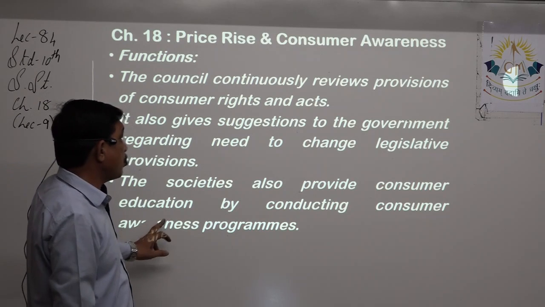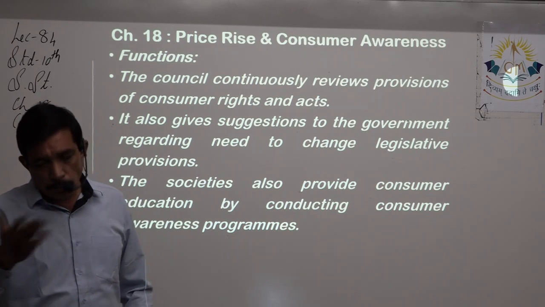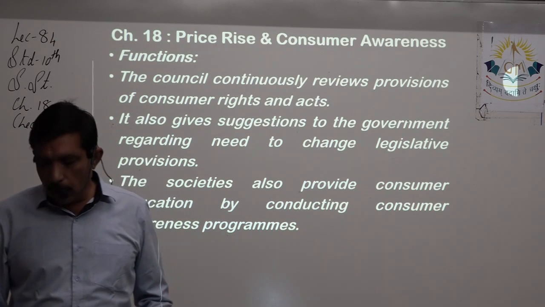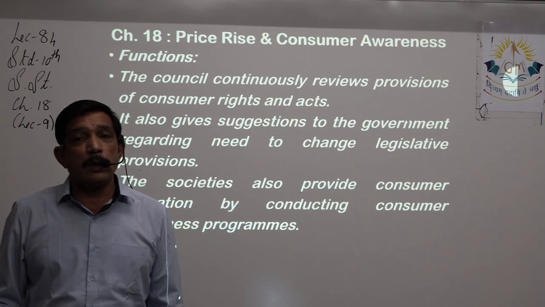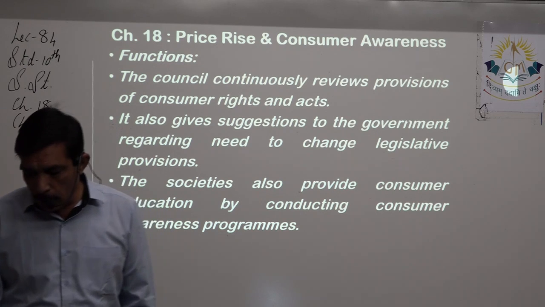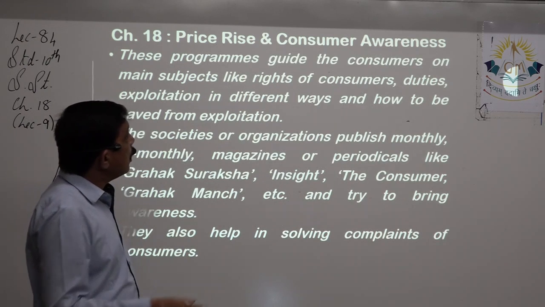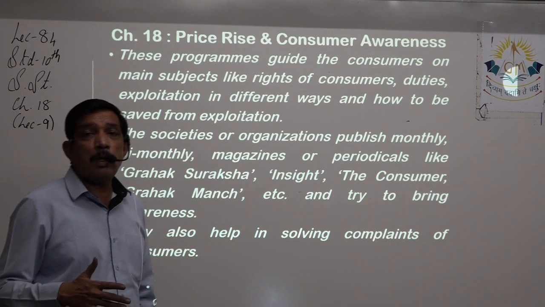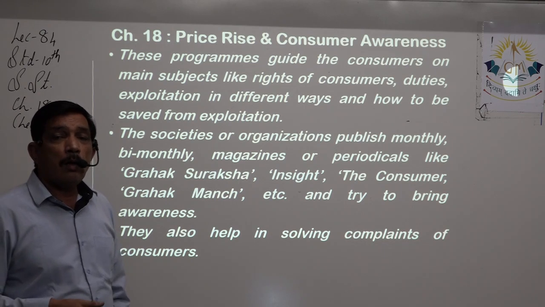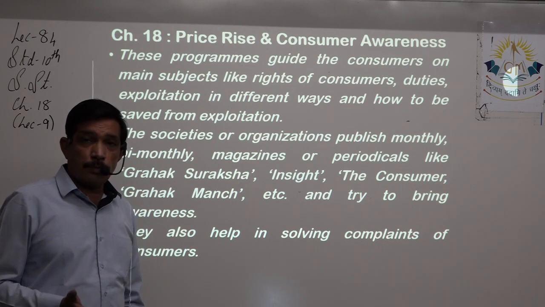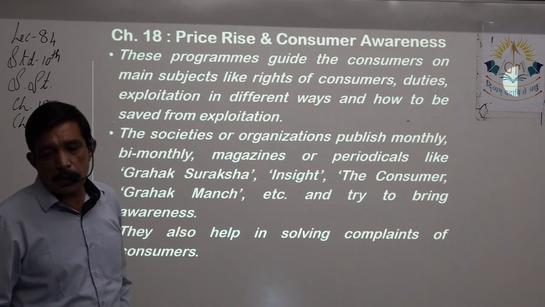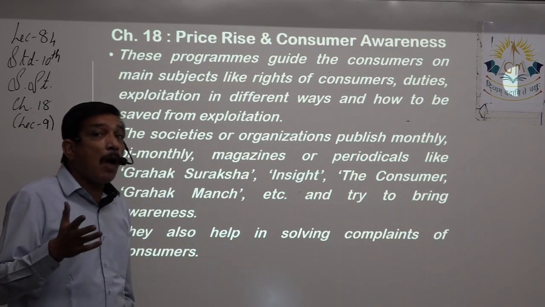The societies also provide consumer education, as an additional advantage, by conducting programs and propagating the ideas of consumer awareness. These programs guide the consumers on lots of subjects, like they educate the ignorant or illiterate consumers about the rights of the consumers, their duties, exploitation in different ways, and how people cheat you.